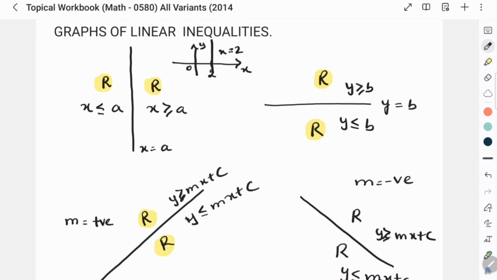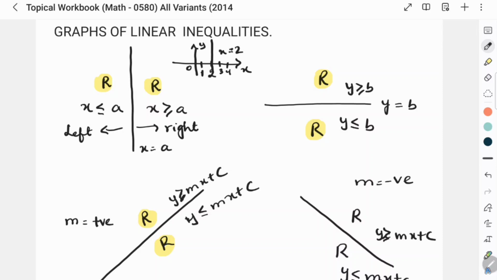After 2 you will have 3, 4, 5, the bigger numbers on the right side, and the smaller numbers on the left side. So if your region is on the right side, you write x is greater than or equal to whatever number the line passes through on the x-axis, and if it is on the left side, we write x is less than or equal to a.